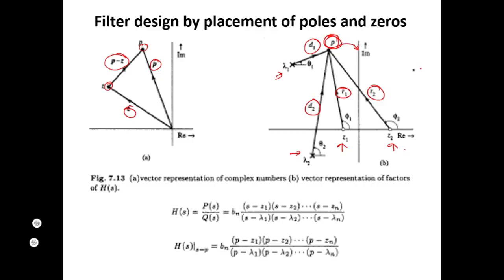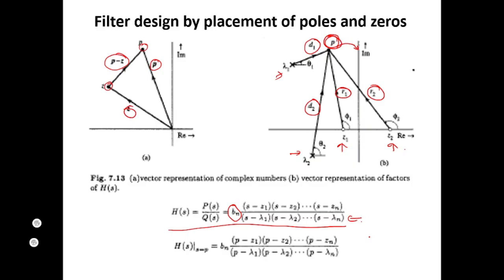If you look into the transfer function, we will be having H(s) equal to P(s) by Q(s), times Bn, where Bn is called the scaling factor. And then we will be having the polynomials (s minus z1) multiplied by (s minus z2) multiplied by (s minus zn). And similarly, at the denominator also we will be having the similar thing.